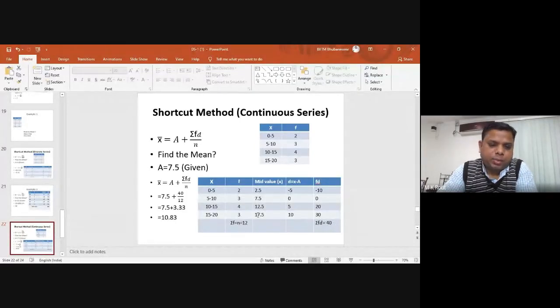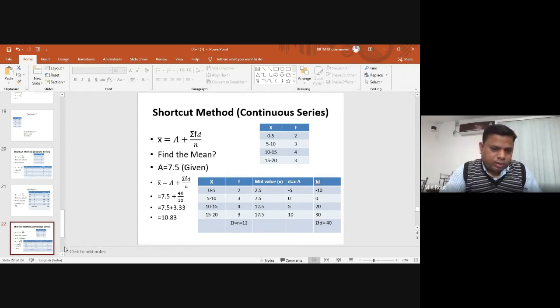By applying this formula in case of continuous series, we have the assumed mean 7.5, summation of fd equal to 40, and summation of frequency, that is 12. If you calculate this, the answer is 10.83.